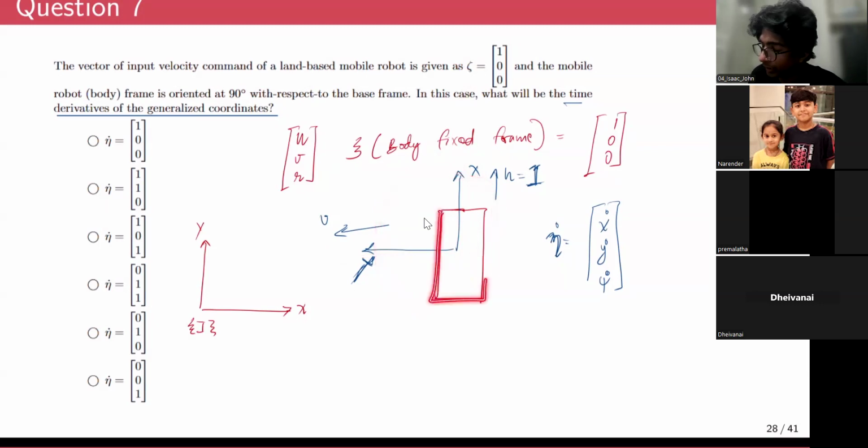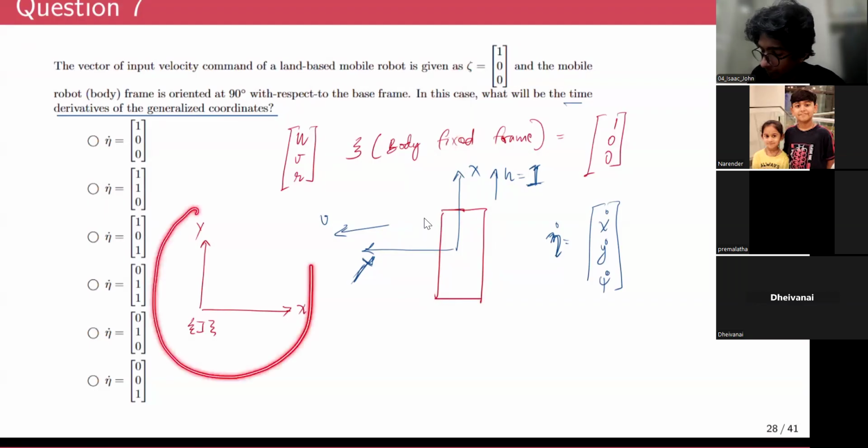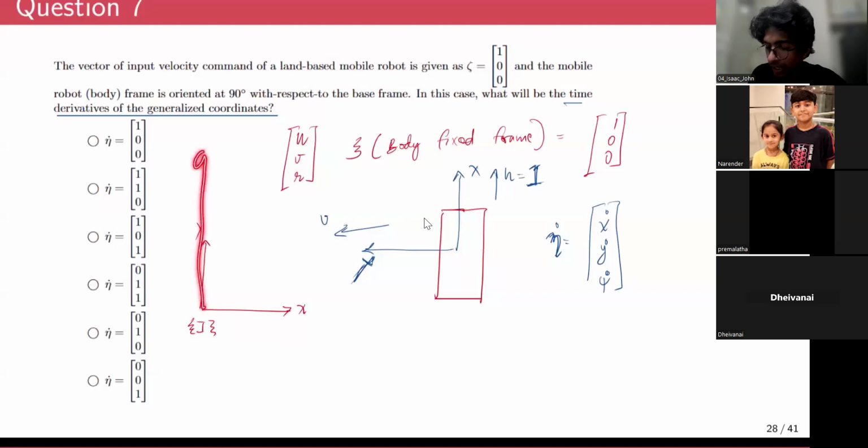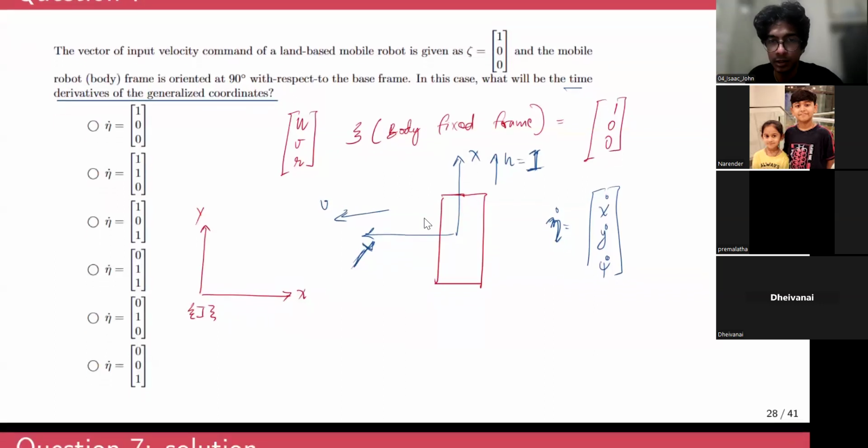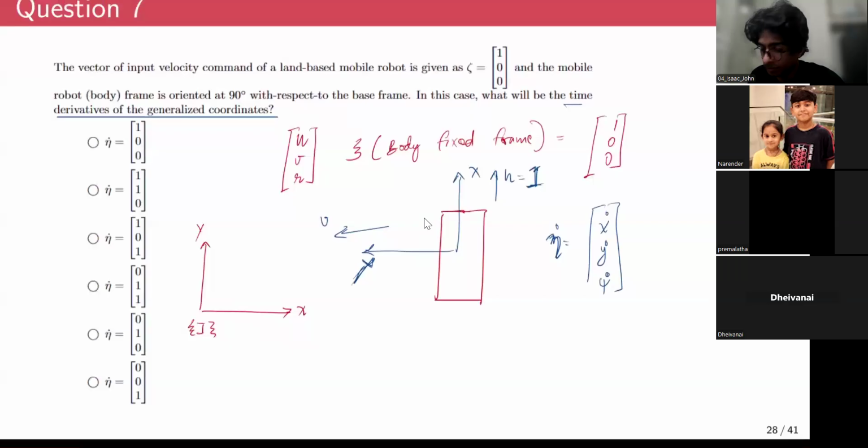So the robot keeps on moving vertically up. If you consider the coordinate frame of the base fixed to the ground, it'll have a velocity along this y-axis, zero velocity along the x-axis, and zero component along psi dot. So the correct answer just by observation is 0, 1, 0.